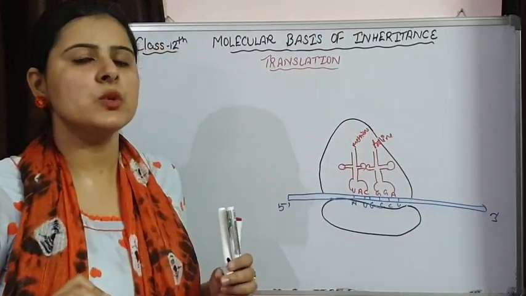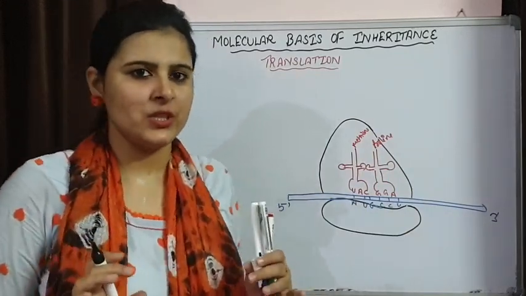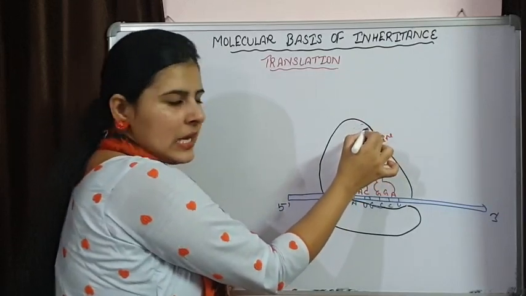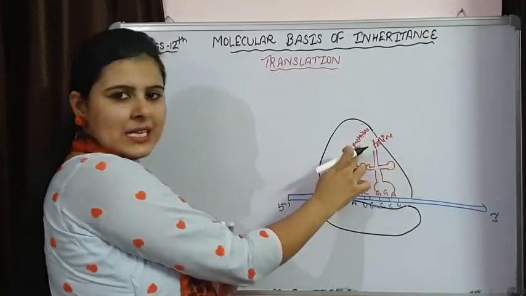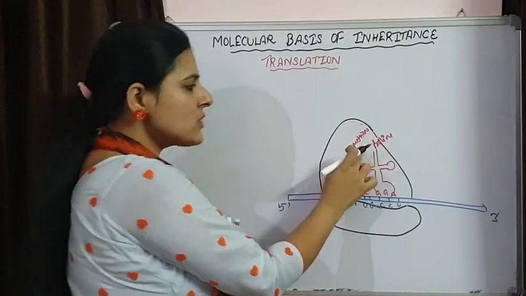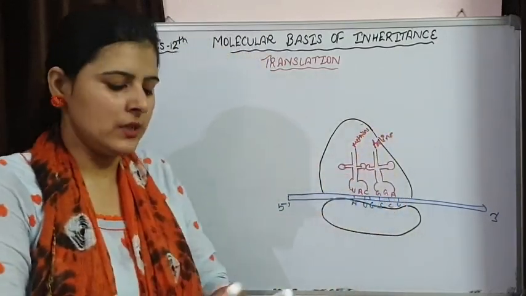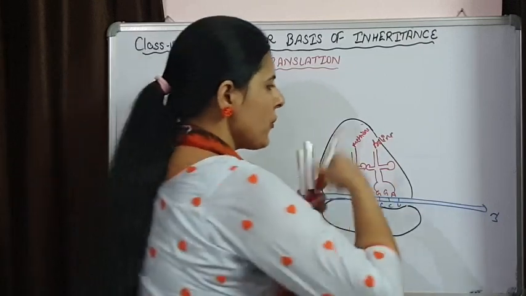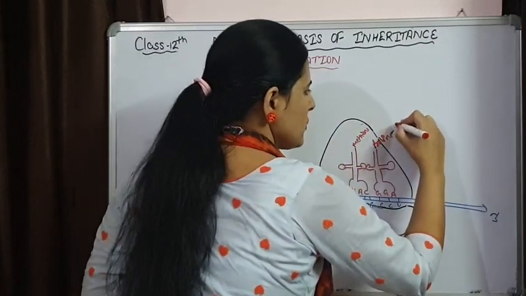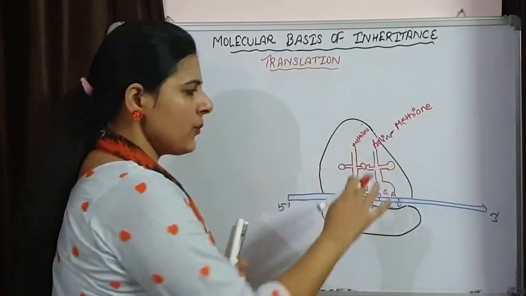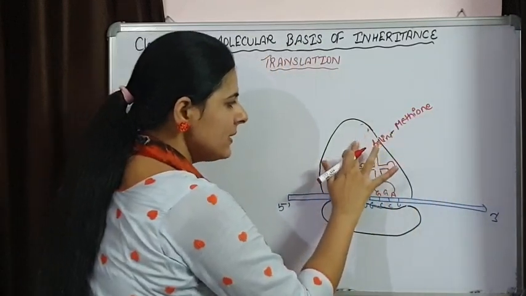What happens during the peptide bond formation? During peptide bond formation, this methionine is going to detach from this tRNA and come here over proline, and form a peptide bond. So, this is methionine. Proline was already there.